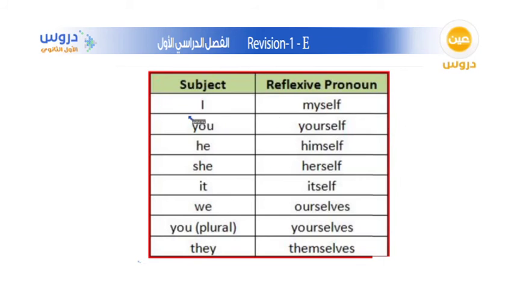And the reflexive pronoun for every subject: I, myself; you, yourself; he, himself; she, herself; and it would take itself; we, ourselves; you, plural, yourselves; they, themselves. These are the reflexive pronouns.